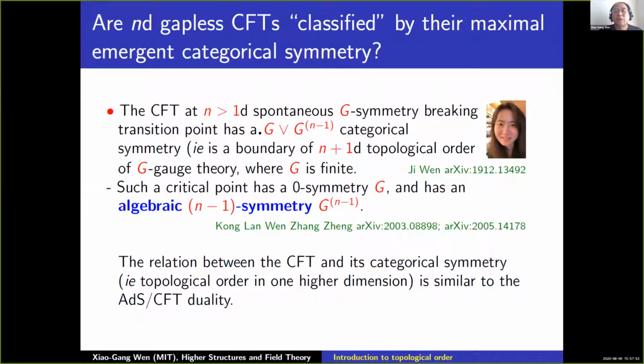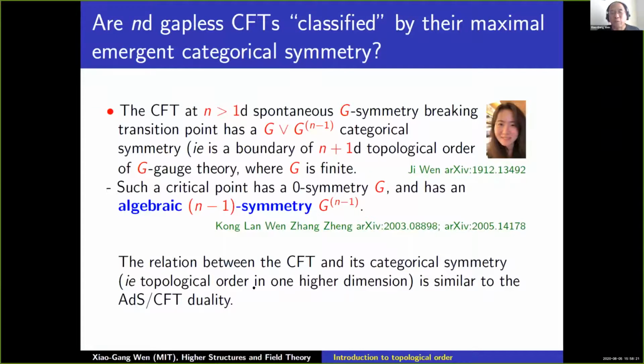Therefore we see that we have a relation between CFT and this categorical symmetry, meaning topological order in one higher dimension. And this relation is very much like AdS/CFT duality. At least this CFT and this CFT are the same, and this AdS seems like a corresponding topological order in one higher dimension.